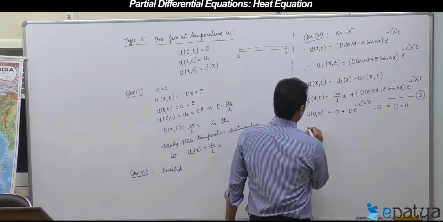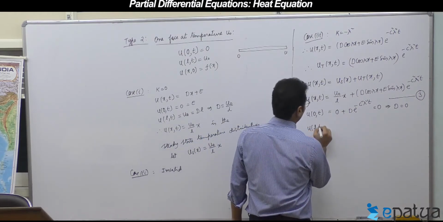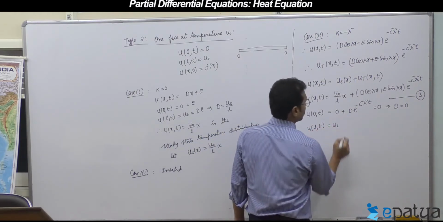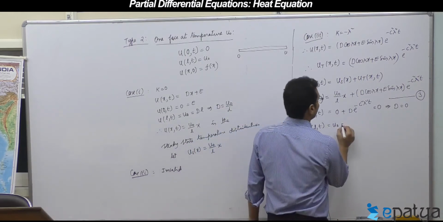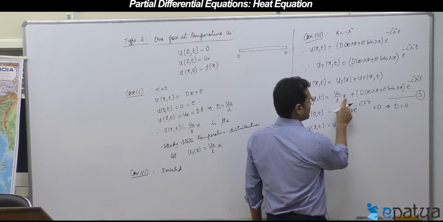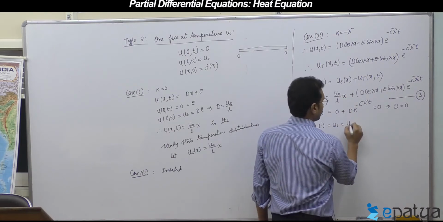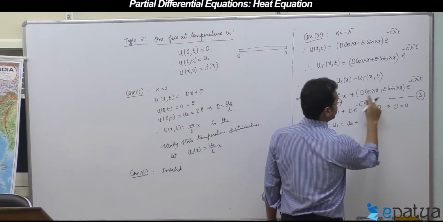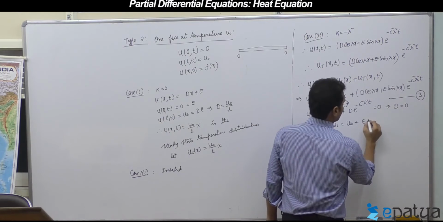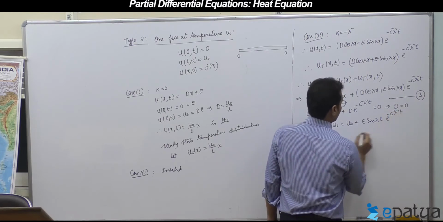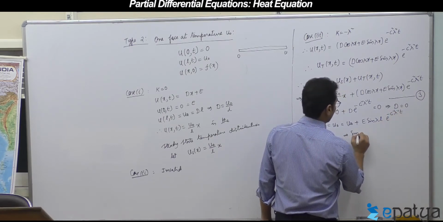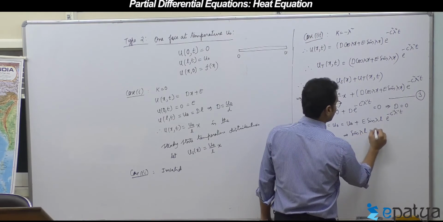Now u of L comma t is given to be u naught. With x equal to L, this is u naught plus d (which is 0) plus e sin lambda L into e power minus c square lambda square t, which gives sin lambda L equal to 0.